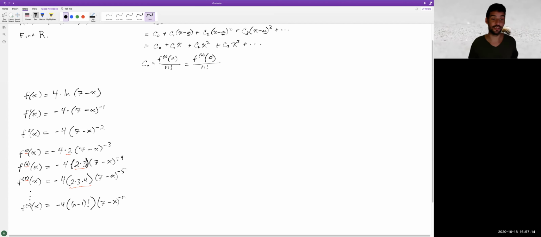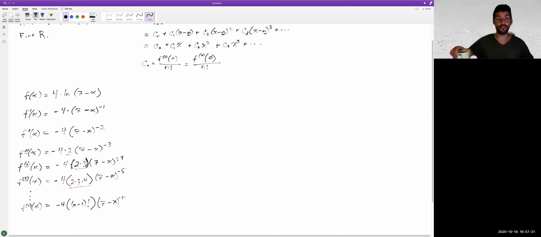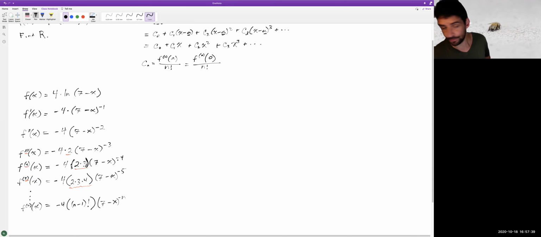So those parts match. The reason I'm doing this is that part of the problem we're doing here is to find the radius of convergence, right? Which means we'll have to use those convergence tests. And to use those convergence tests, we need something that tells us what the nth term looks like. So I need this little pattern. Okay, but we're not there yet.